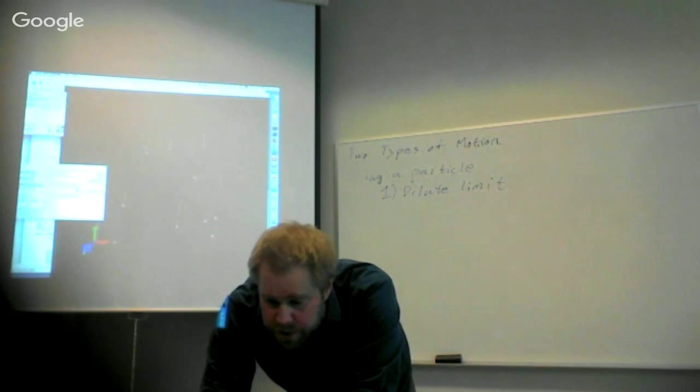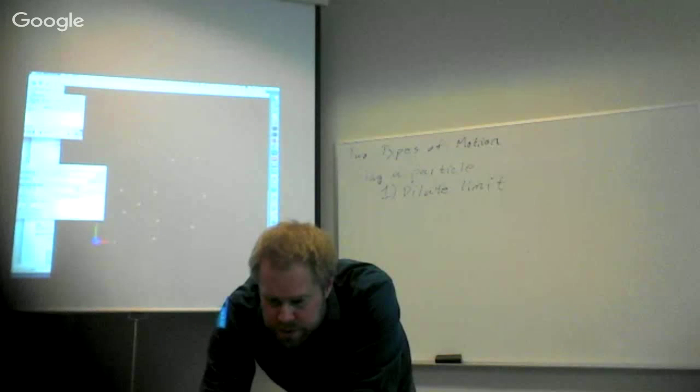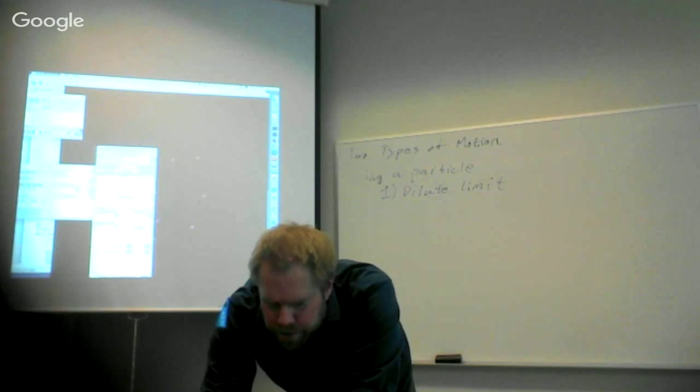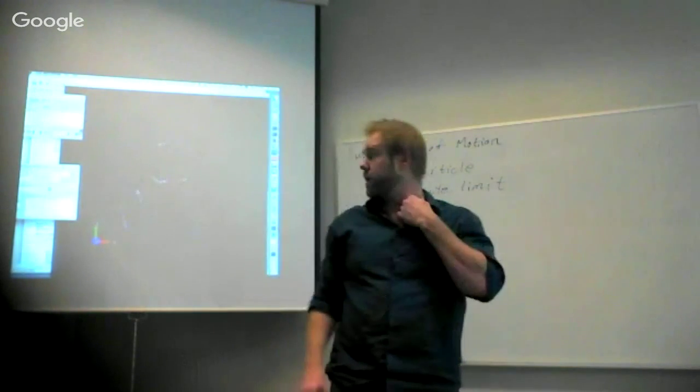All right, so this is what it looks like in the dilute limit for our whole system. Let me change one more thing. Okay, so they have different colors. So here's what it looks like.